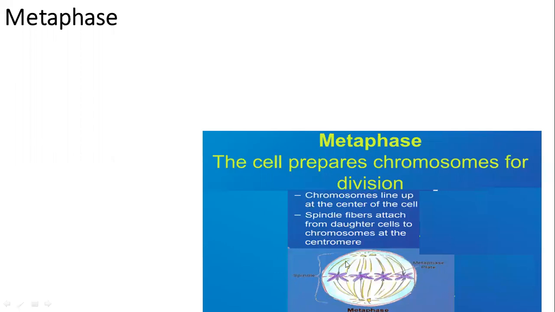The spindle fibers supporting the chromatids are also in position, attaching from the poles to the chromosomes at the centromere.